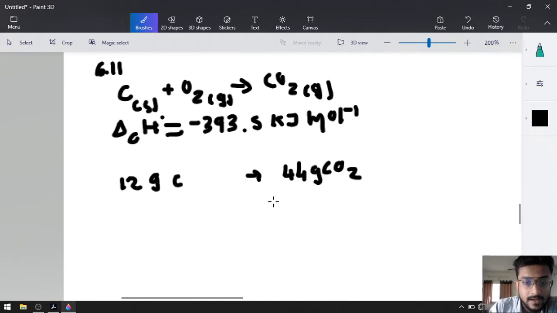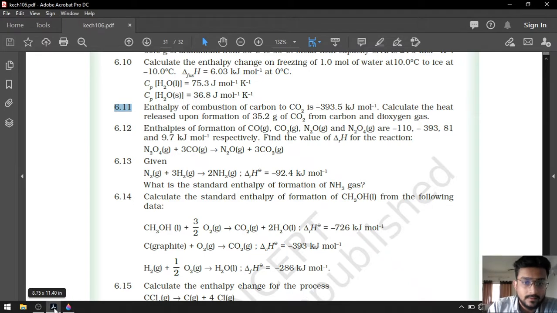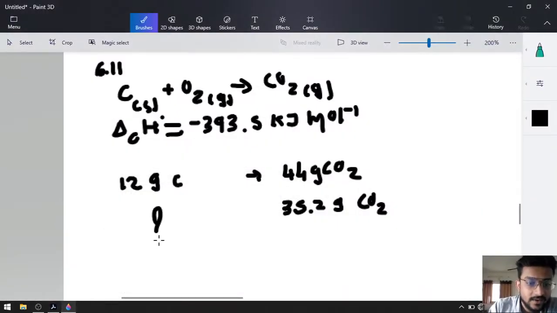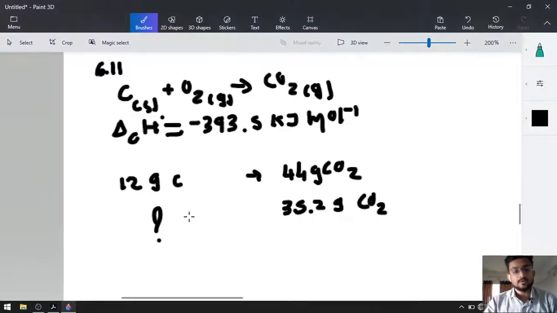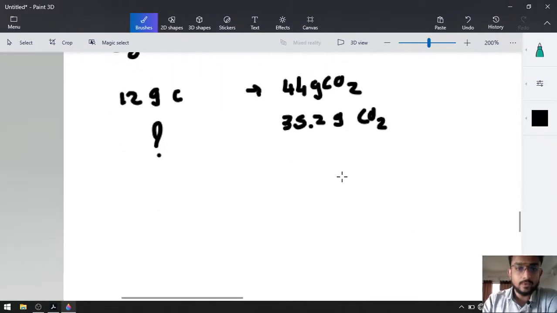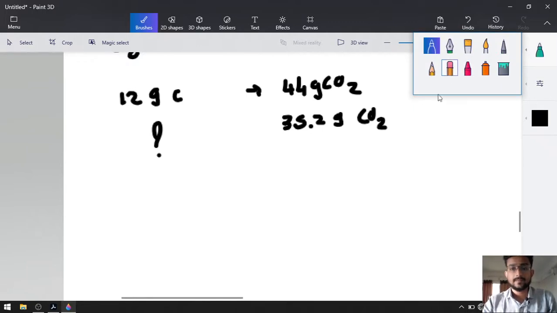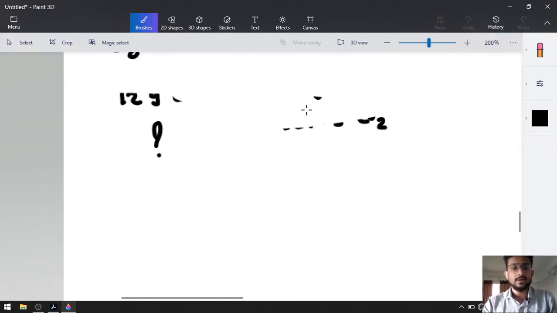Okay, I need 35.2 gram carbon dioxide, and for that how much carbon will be required? But I do not want the amount of carbon. Look at this, what do I need? I need the enthalpy change. So for 44 gram of carbon dioxide, I will use the enthalpy change.